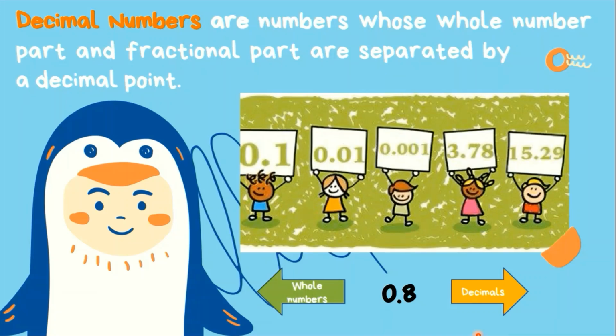Ito yung kanyang fraction part. Whole numbers and decimals ay separated by a decimal point. Lahat ng nasa kaliwa ni decimal point ay whole numbers, at lahat ng kanyang nasa kanan ay mga fractional part or decimals.